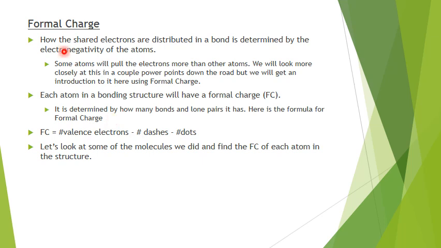We'll be more quantitative about that when we get into polarity in the next PowerPoint next week. Formal charge, FC, equals the number of valence electrons minus the number of dashes minus the number of dots.